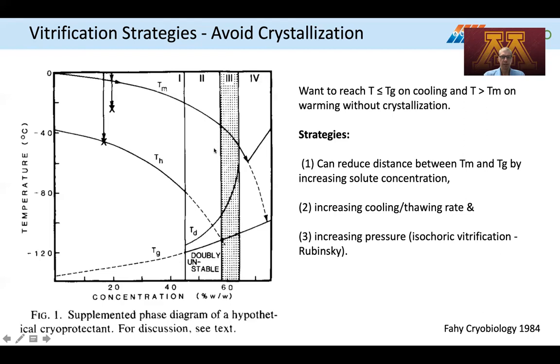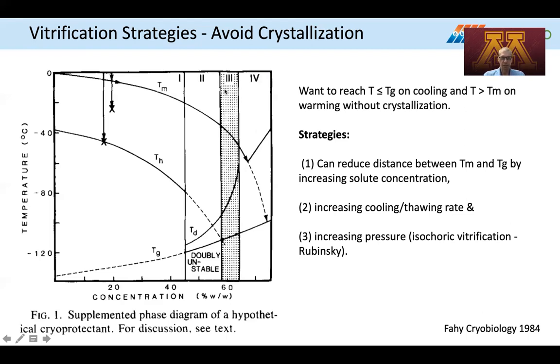That is then countered by the fact that as you go up above 60%, you're going to have potential toxicities. There's so much concentration of CPA in there that you're getting beyond what the biological system can take.